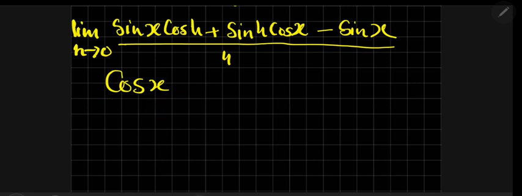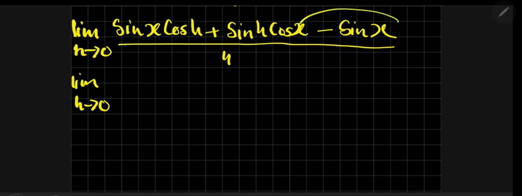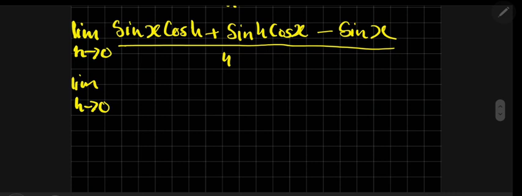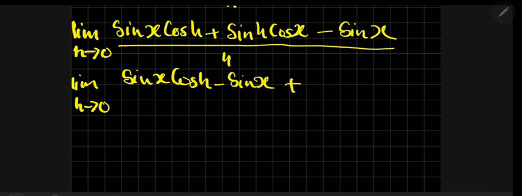Alright? I know many of you might get confused because this is your first time, but as you solve many of these problems, you will see how easy it is. If we take this and bring it close to that, we can factor out sine x, and then we remain with that expression which I showed you earlier. So let's put that there: sine x cos h minus sine x plus that expression there.